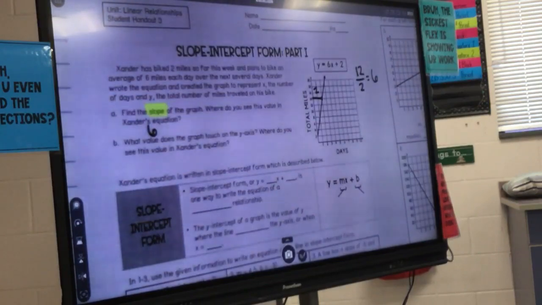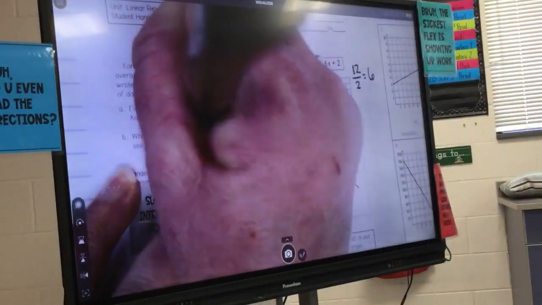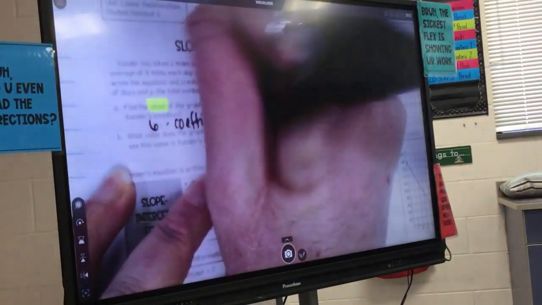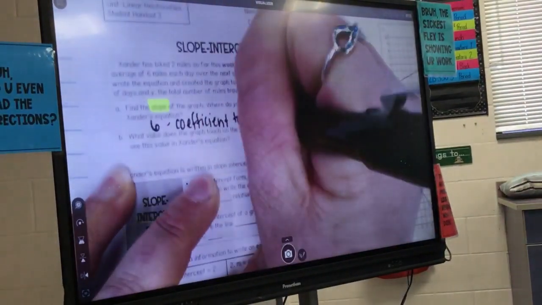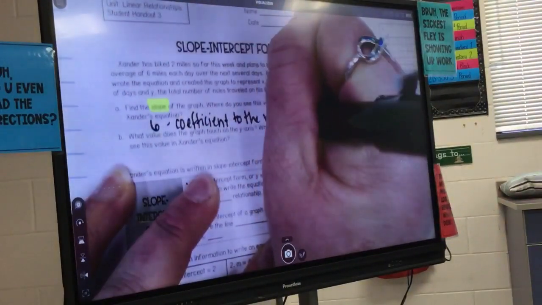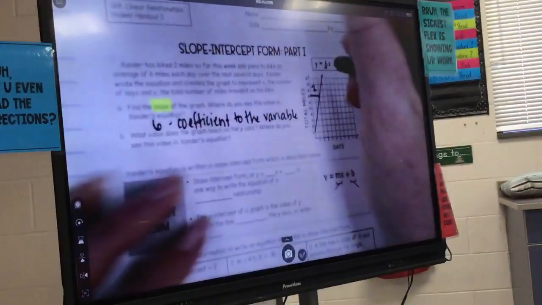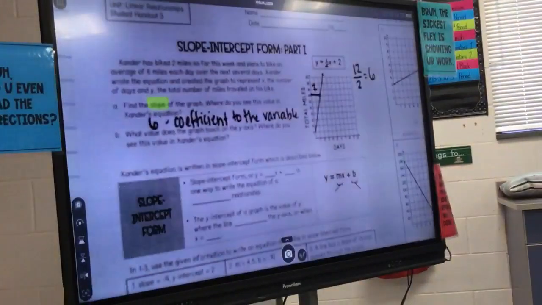So you have to think about vocabulary that we have talked about before. Think about the names of each part of that equation. What do you think, Brayden? Coefficient. Yes. 6 is the coefficient to the variable. So 6 is right here, which is connected to our x.